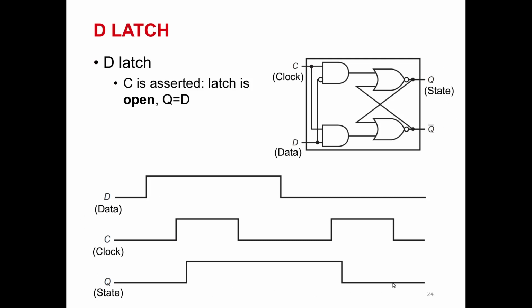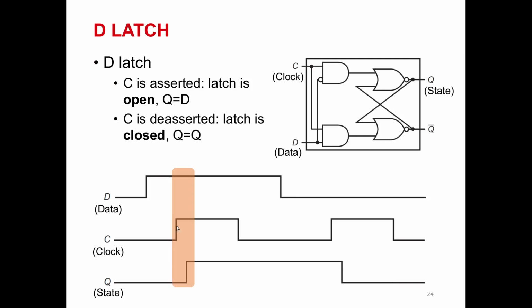This shows the graph, or the operation, of our D latch. The D latch will change its output according to the input data D while the clock is in its high period.